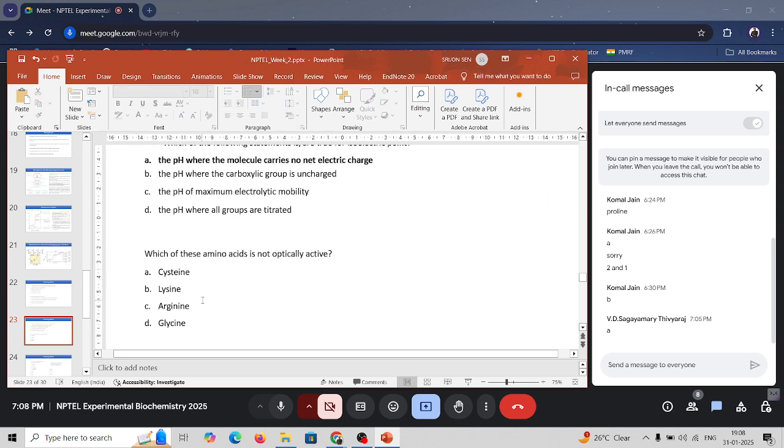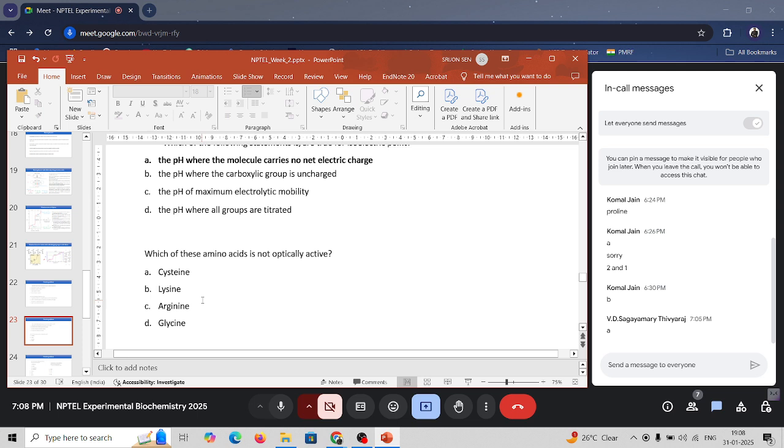The next one, which of the following amino acids are not optically active? So what is optical activity? When a carbon atom has four different functional groups on its four different bonds, it is said to be chiral. Those amino acids which are chiral are optically active.